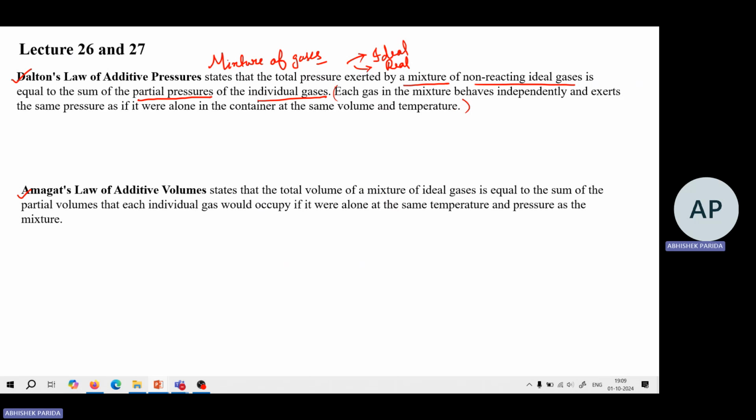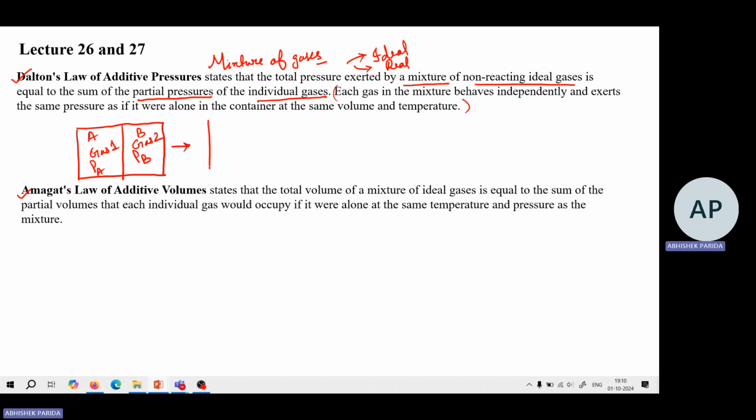To make it simpler, for example, there is a container. This side is A and this side is B, and there is some gas here, gas 1 and gas 2, separated by a membrane. This will have a certain pressure PA and this will have a certain pressure PB.